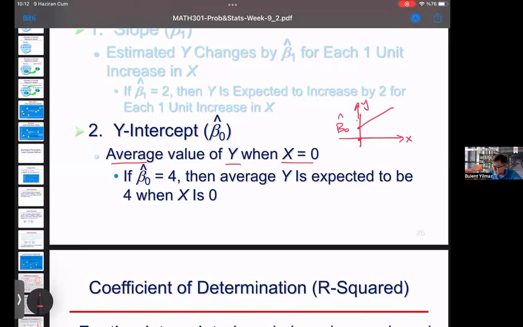If you think about beta 1 hat x plus beta 0, when x is 0, y is equal to beta 0, right? So if beta 0 equals 4, then the average y is expected to be 4 when x is equal to 0.